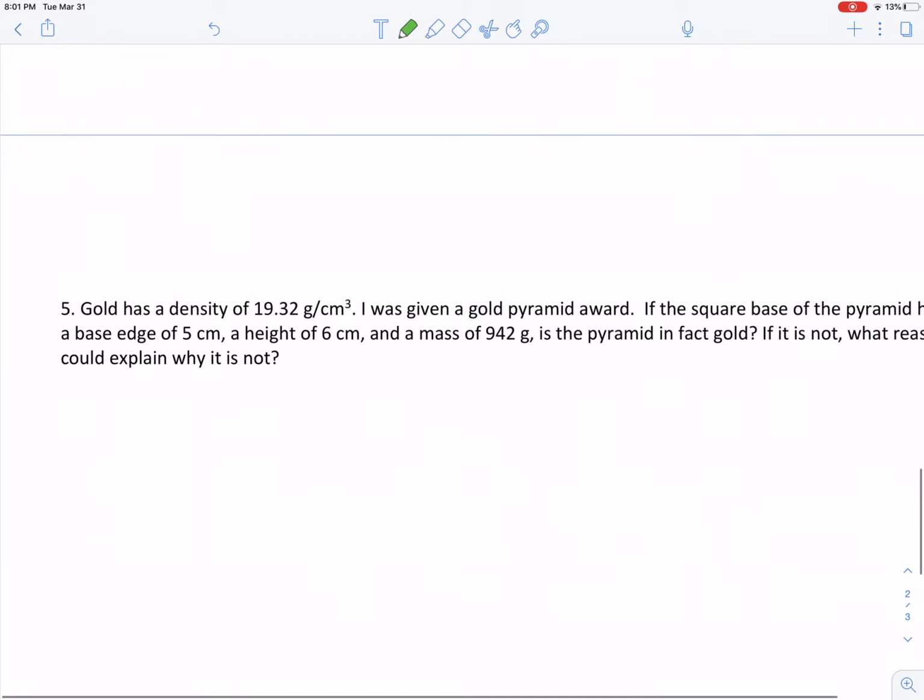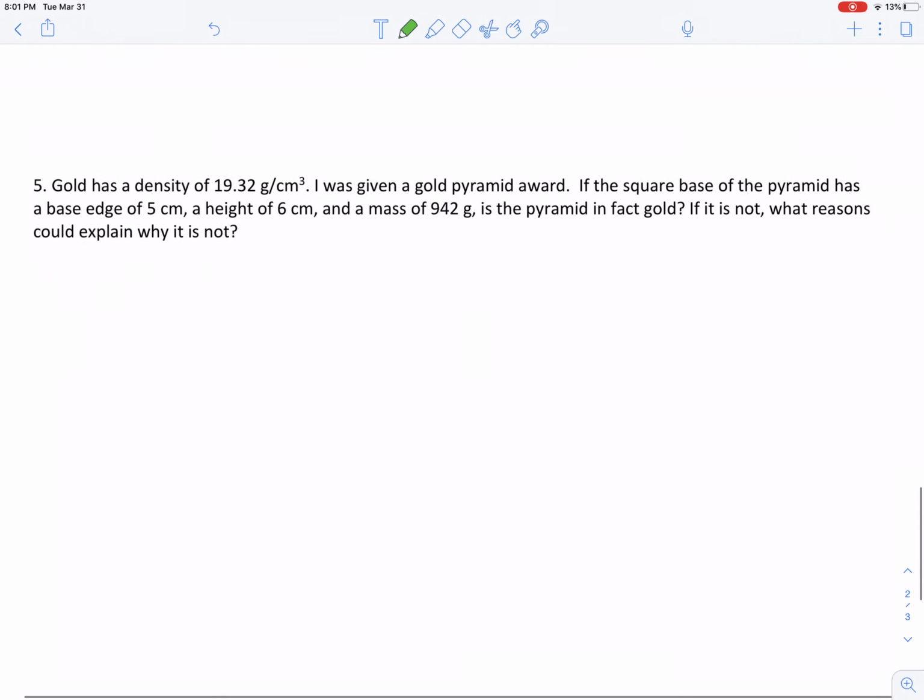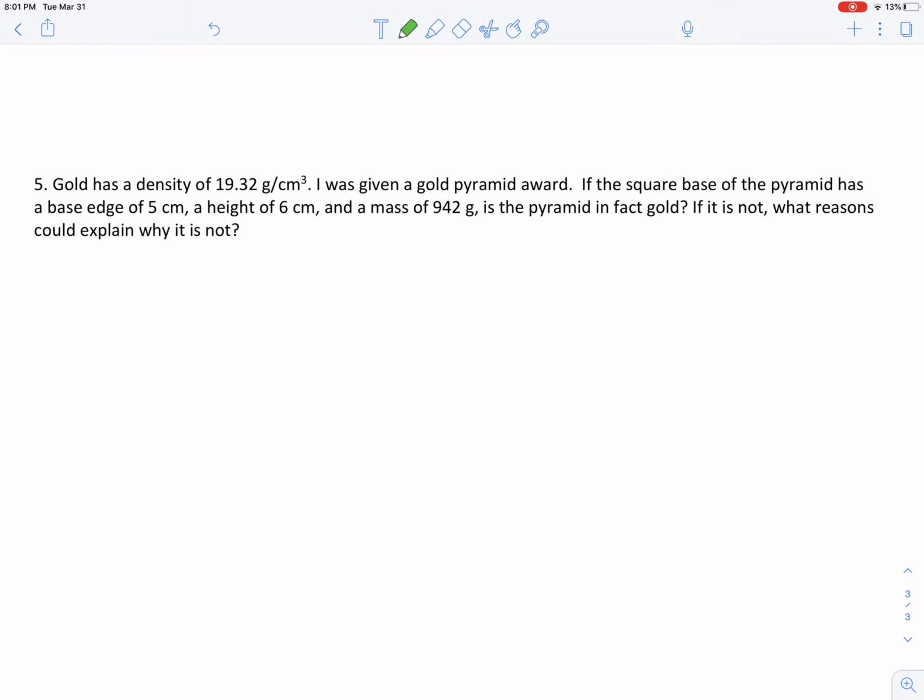And one last one. They give you the density of gold. So this is extra information we're going to use at the end of the problem. I was given a gold pyramid award. If the square base of the pyramid has an edge of 5 centimeters and a height of 6 centimeters, so again, they're giving you enough information to get the volume of the pyramid, but they didn't give you the volume.